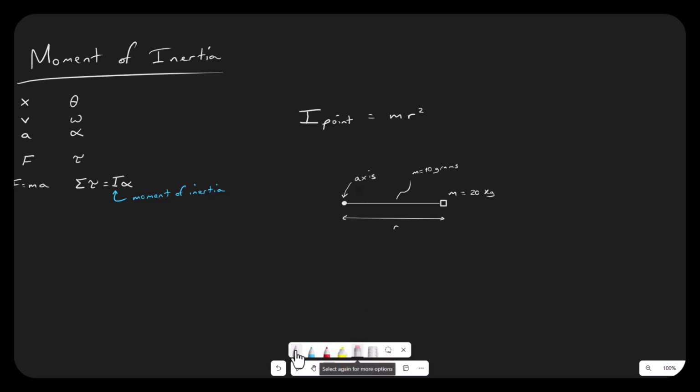If I have more than one particle, like a couple particles, call this M2, this M1, R1, R2, now my total moment of inertia is going to be m1 r1 squared plus m2 r2 squared.